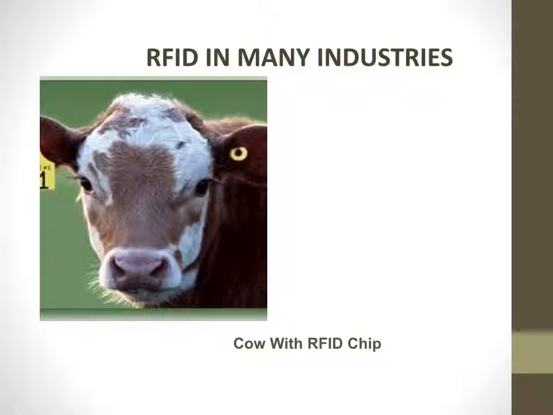You take an issue like this poor cow out somewhere in Montana, perhaps, or Wyoming, and you put an RFID chip in its ear, and you can track its progress, its health, all the way to the slaughterhouse, and ultimately to delivery of that product through related distribution channels to the supermarket.